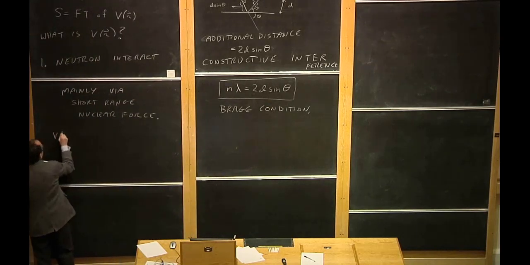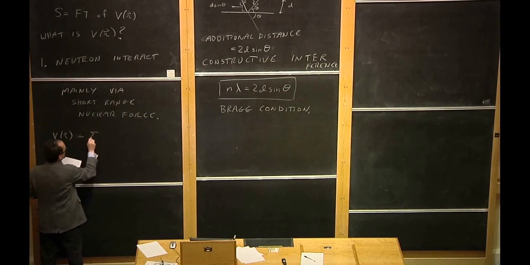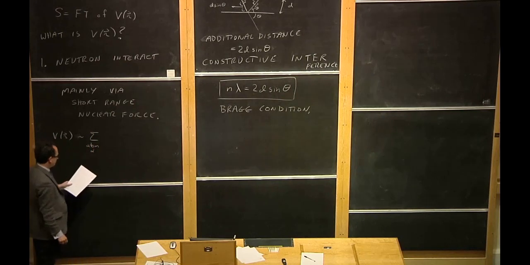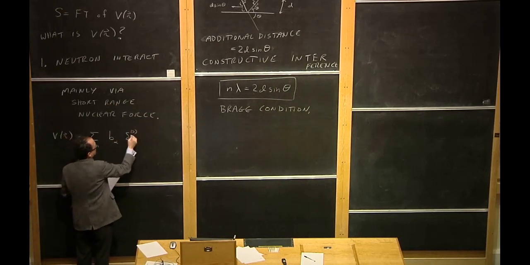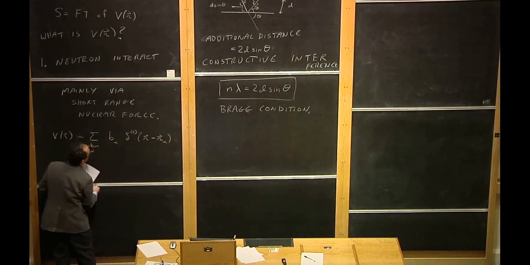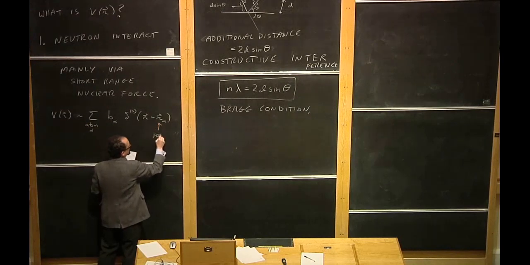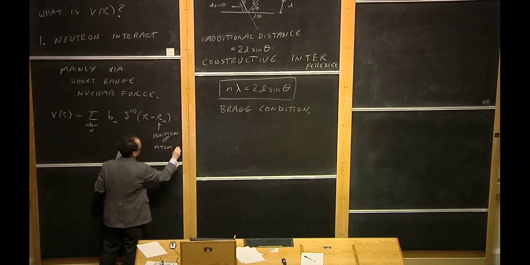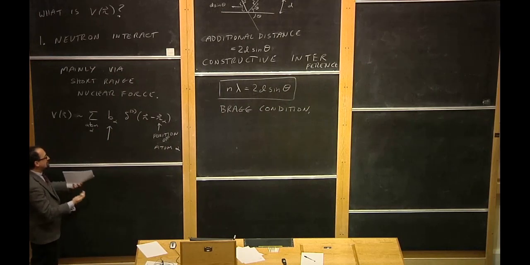can write that V of r is proportional to the sum over all atoms alpha in the whole system of some coefficient B alpha times a delta function potential at r minus r alpha. So basically every nucleus, where r alpha is the position of atom alpha, and B alpha is the magnitude of the interaction with that nucleus.